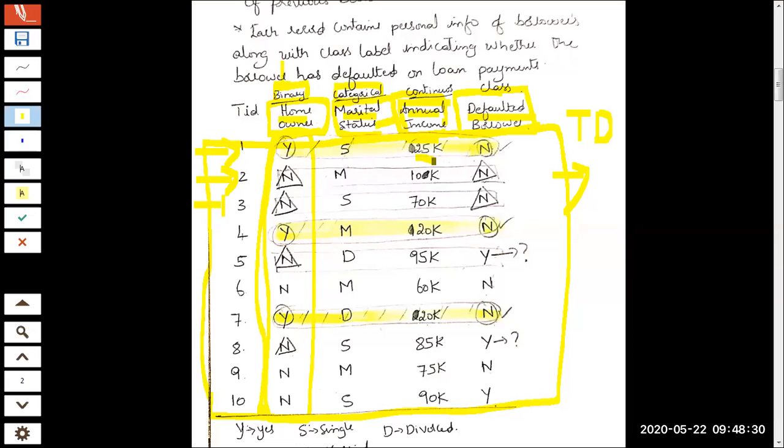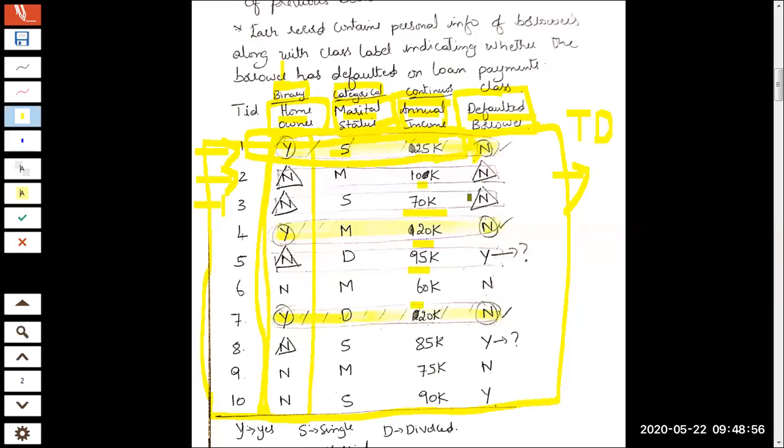Some entries have been made. These were the previous observations that have been recorded. And for people or customers with these entries, what was their loan repayment status? That has been recorded in the last column. People or customers with these attributes exhibited the quality that you are seeing in the last column.